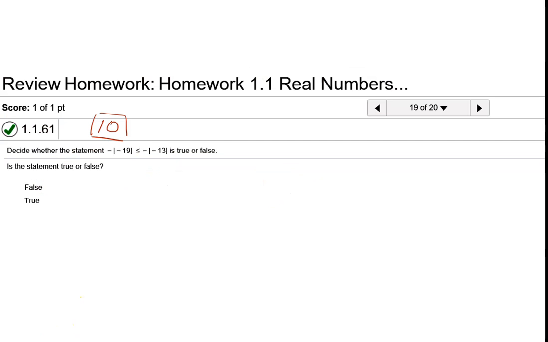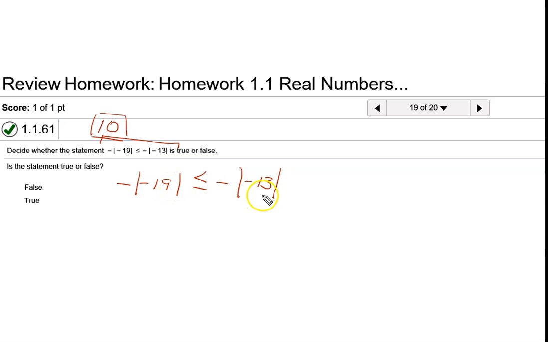One more to go. Now, for number 10, take a moment to write this statement down here. A negative of an absolute value of negative 19 is less than or equal to the opposite of the absolute value of a negative 13.